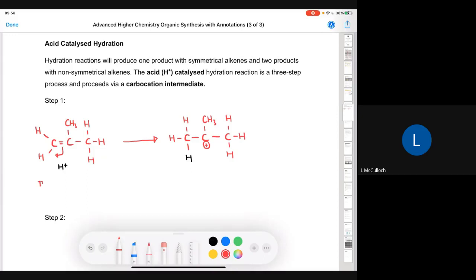So we'll say the C2H4 nucleophile first attacks the H plus ion catalyst, creating a carbocation intermediate.